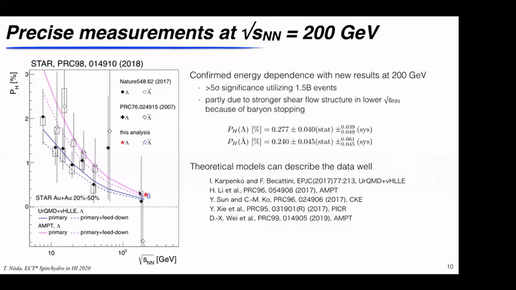Here you can see several lines: model calculations from viscous hydro or AMPT calculation, and also a lot of other calculations, the chiral kinetic approach or other types of hydro calculation. Basically, all of them can reasonably describe the data very well. But in my understanding, most of the calculations calculate the local vorticity at freeze-out, then convert it to the polarization.